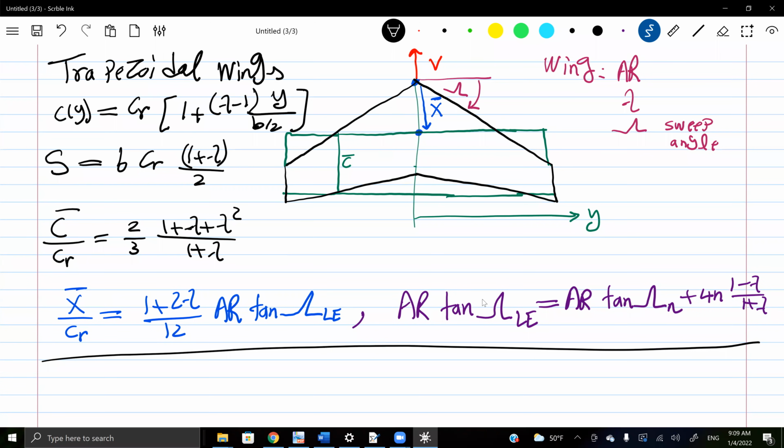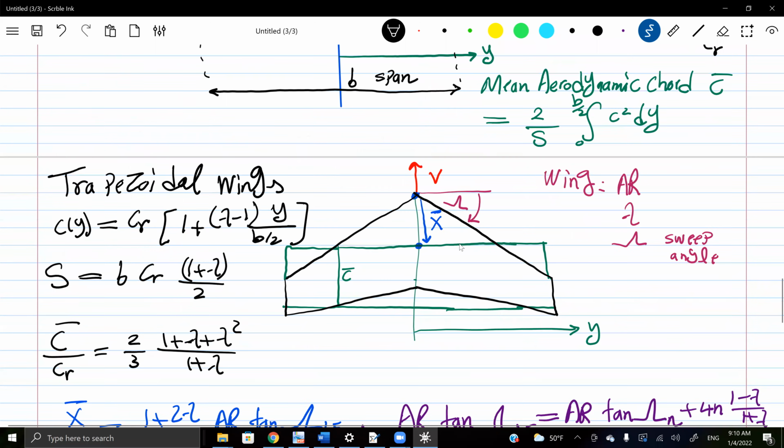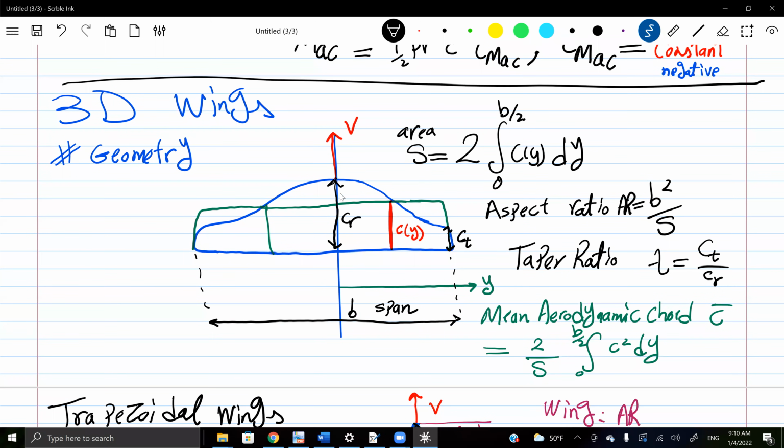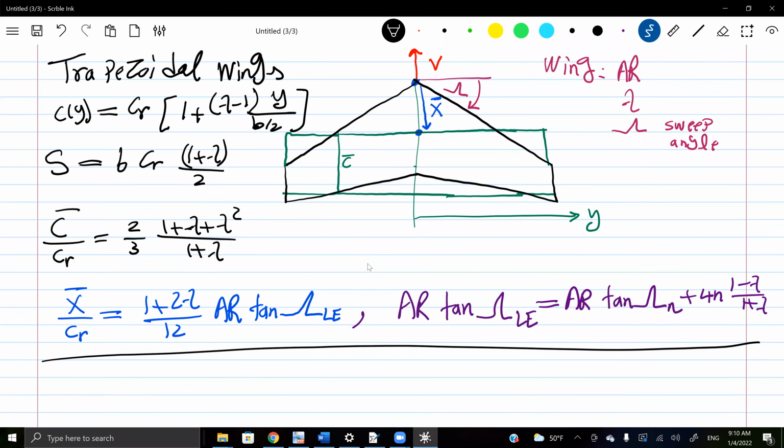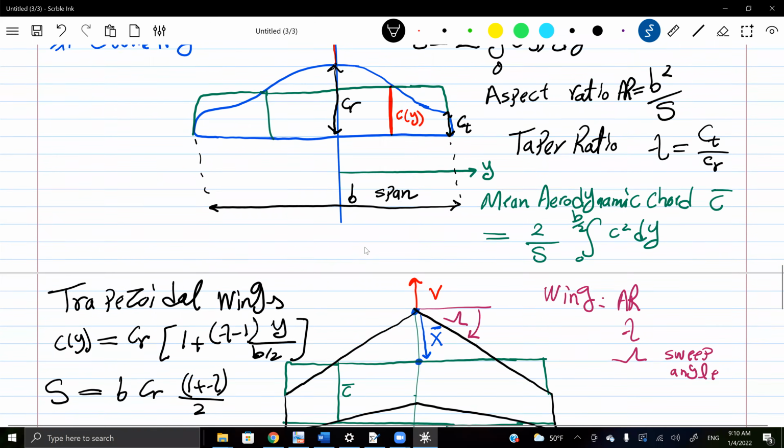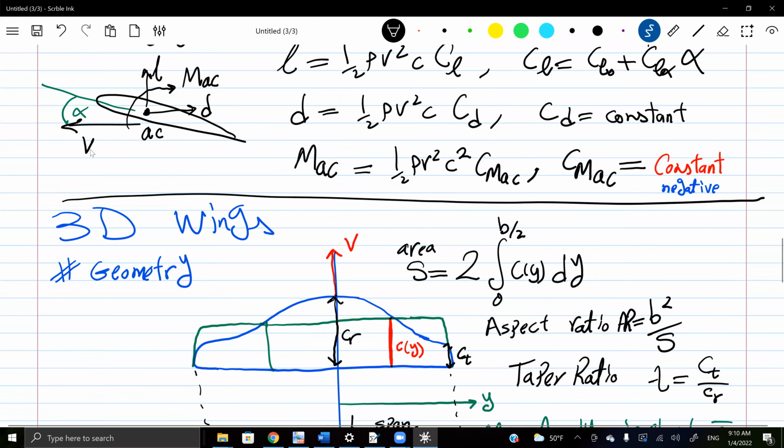Yeah, what are CT and CR? That's a good question. CT is the tip chord, CR is the root chord. So they're all length, right? Yeah, they are all length, exactly. Because remember, any section on that wing, like this red section, what does it represent really? It's a 2-dimensional airfoil.